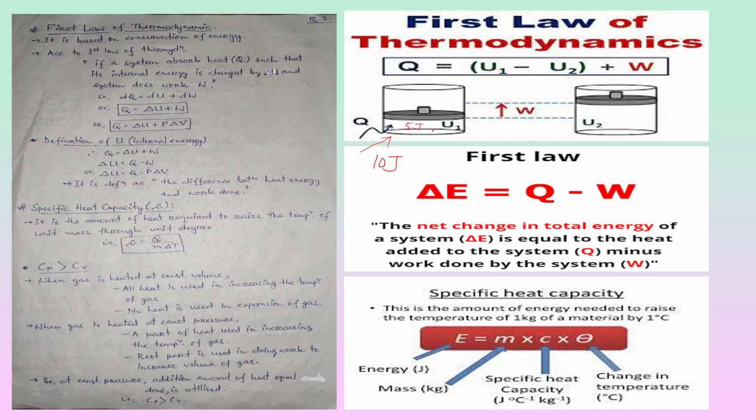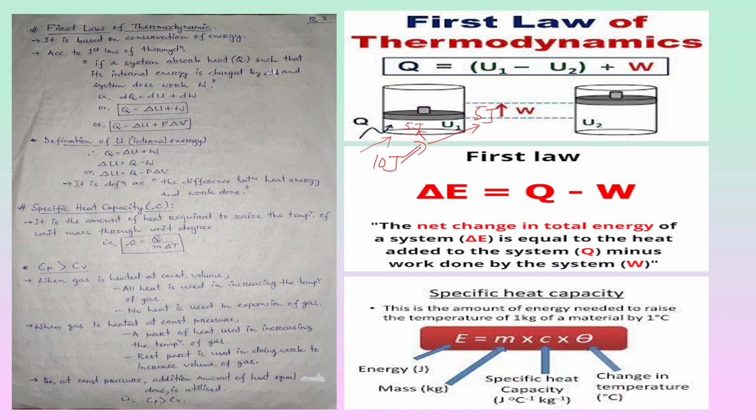Suppose 5 joules are used to increase the internal energy and the remaining 5 joules are utilized for doing some work. So you see this total 10 joules is distributed in increasing internal energy and doing some work. That is our first law.